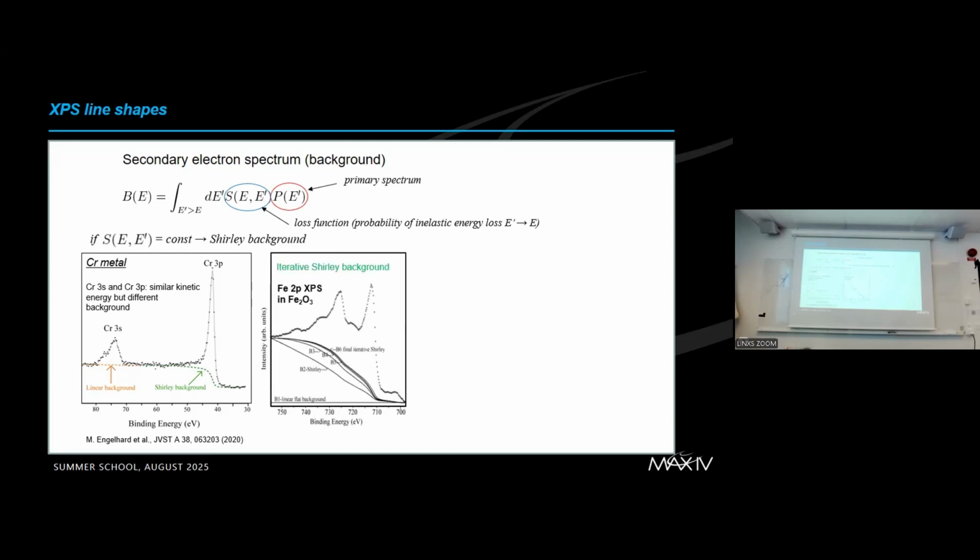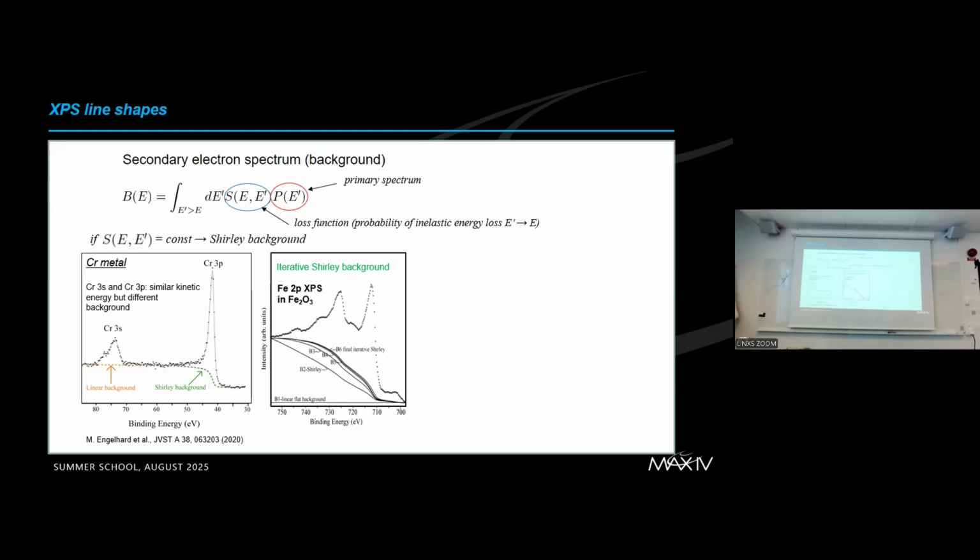Sometimes it is difficult to use only Shirley background. For example, here, the intensity of the lines as compared to the intensity of the background is small. And if you use just the Shirley background, this is this B2. So first you start with a linear background, then you integrate, you are getting this Shirley background.